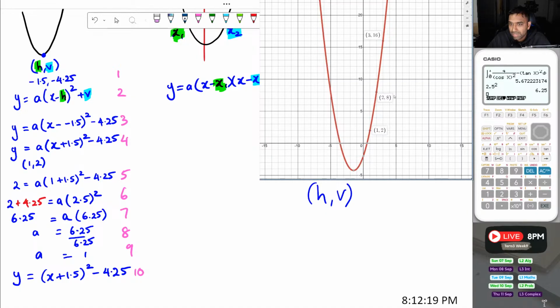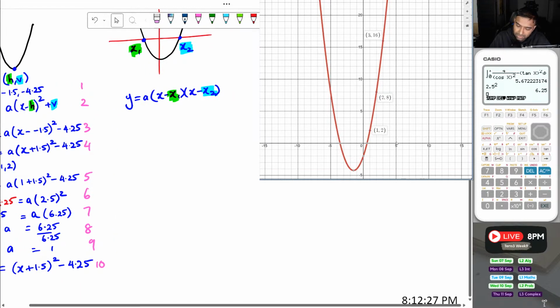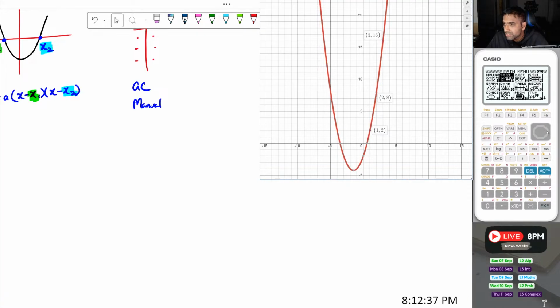So the original graph actually had only these 3 points. If you are doing the graphics calculator method, all you have to do is go into stat mode and punch in your values.